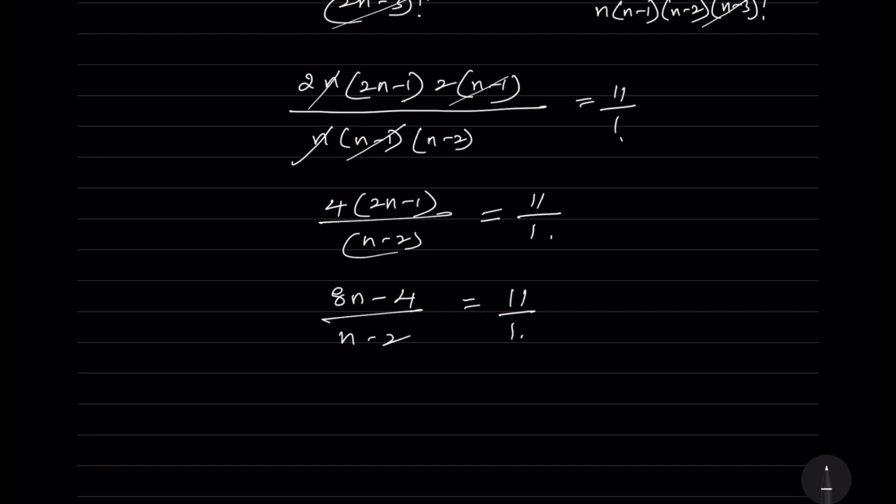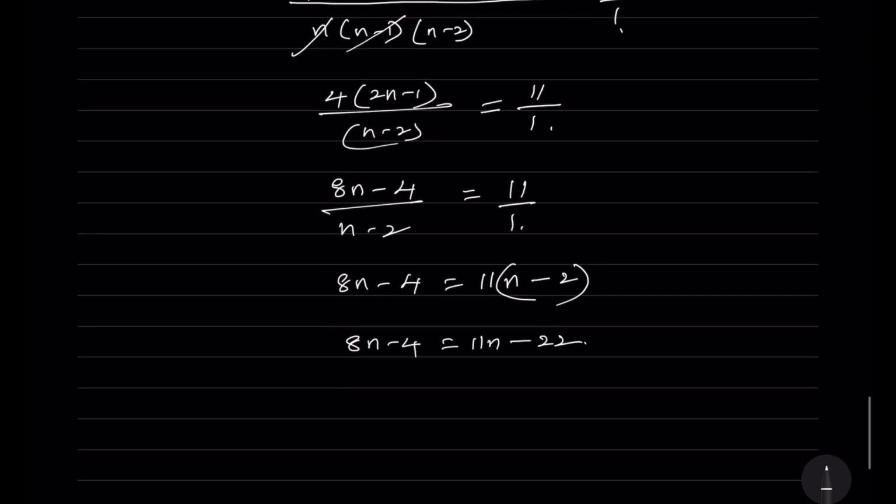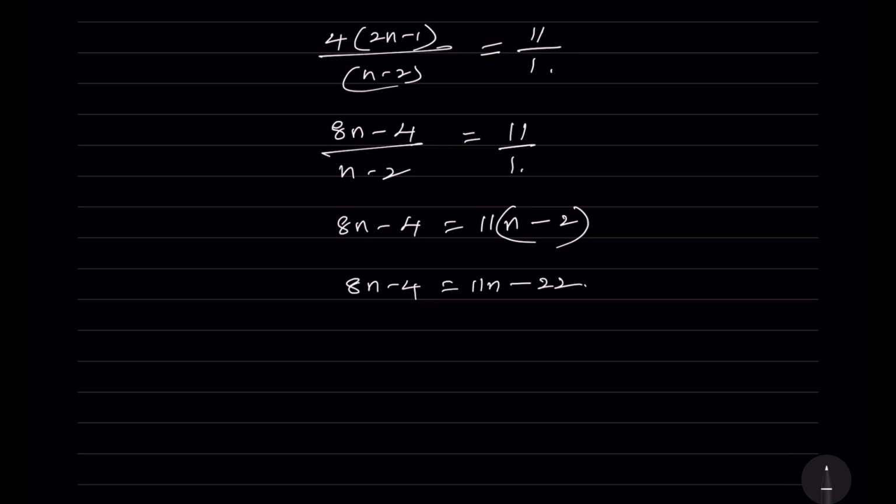If you cross multiply, you will get 8n minus 4 is equal to 11 into n minus 2. So therefore 8n minus 4 is equal to 11n minus 22. Bring everything to one side: minus 4 plus 22 is equal to 11n minus 8n.